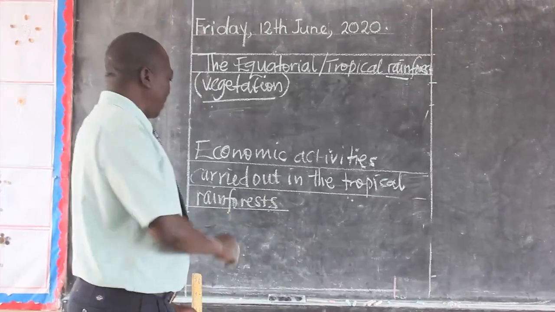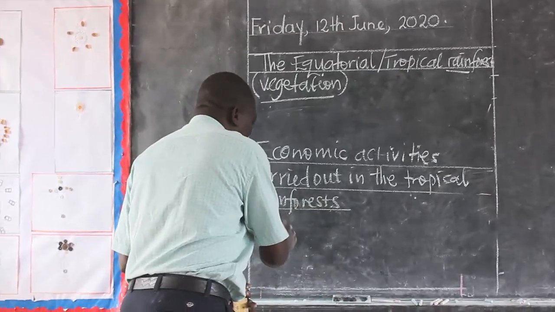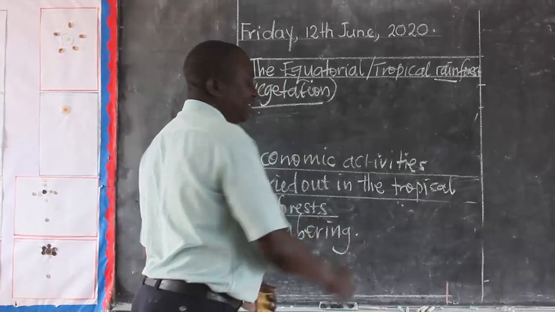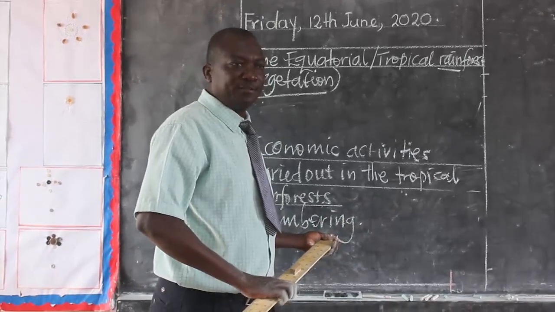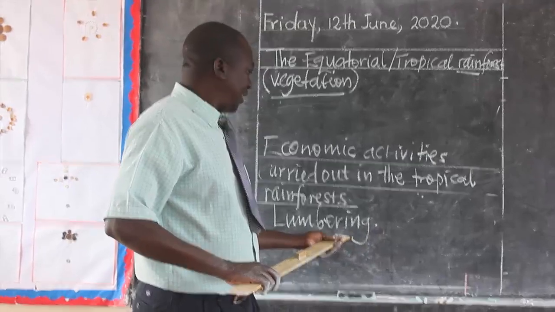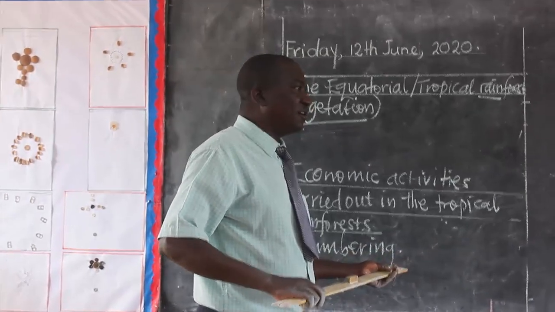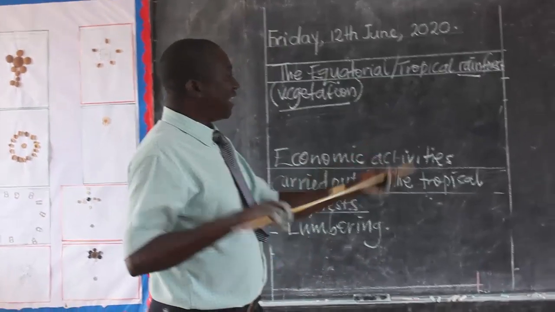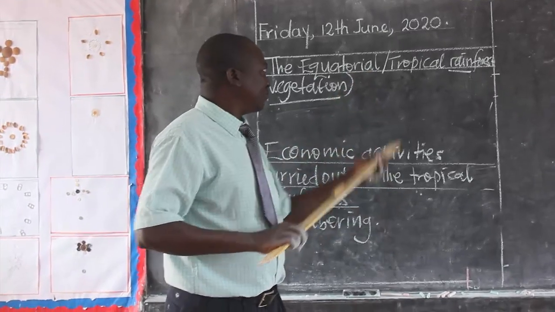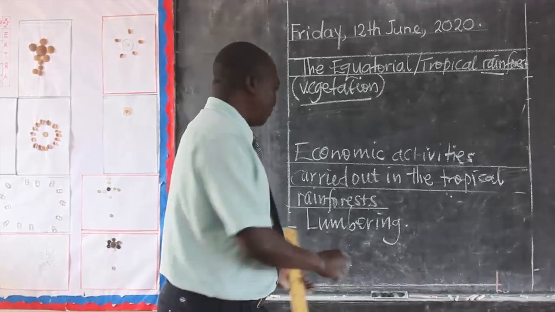So for the case of Uganda, we have lumbering, which we have given as one of the economic activities for those people who are living, for example, in areas around Lake Victoria, that is Alangara and Buvuma. So we experience lumbering as one of them.